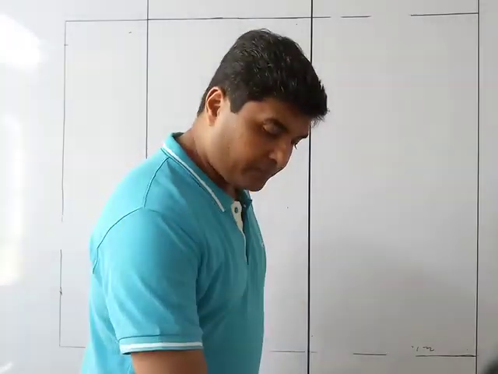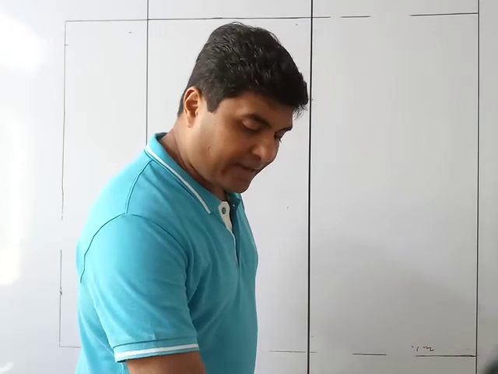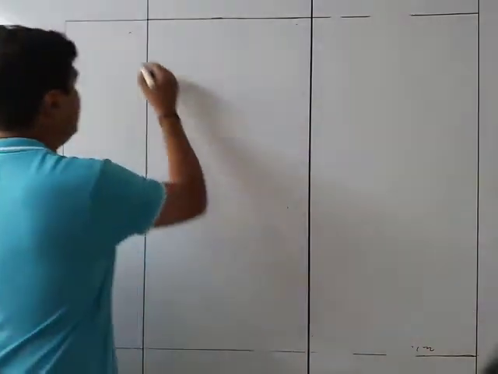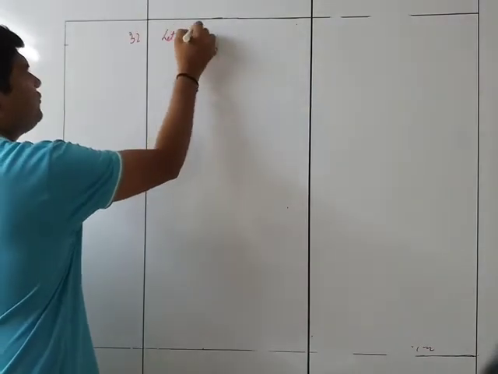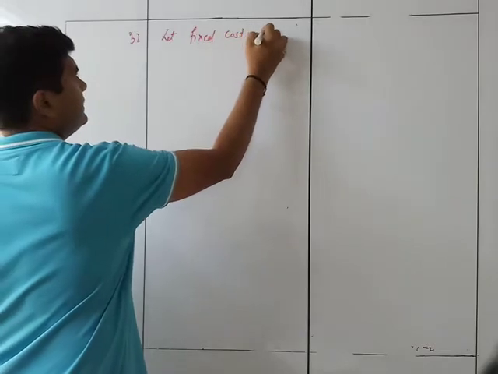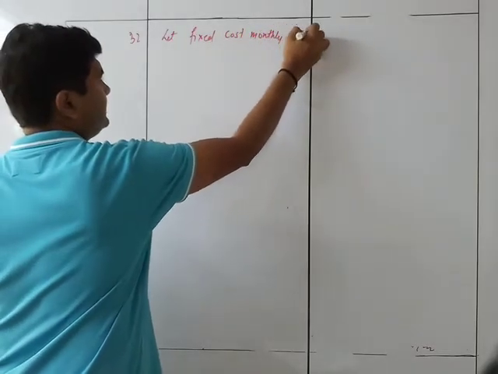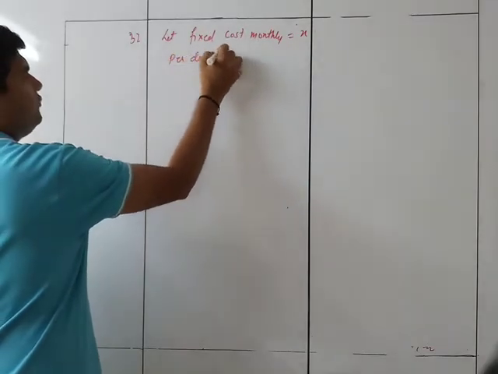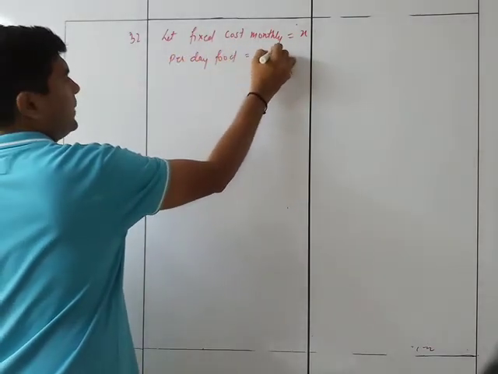So they are given that when Bhavna takes 20 days of food she has to pay 2600. So what we will do is that we will consider that let fixed cost monthly is equals to x and per day food is equals to y.